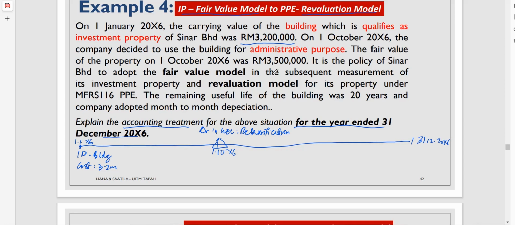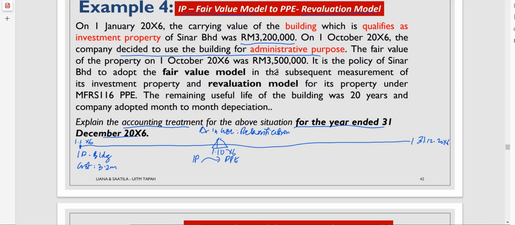So meaning to say that within just some 9 months after you have acquired that as an IP, it is converted or reclassified as they have decided to use the building for admin purpose on 1st of October. So that is where IP is being transferred to become a PPE.